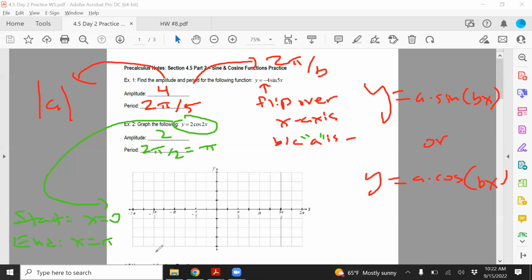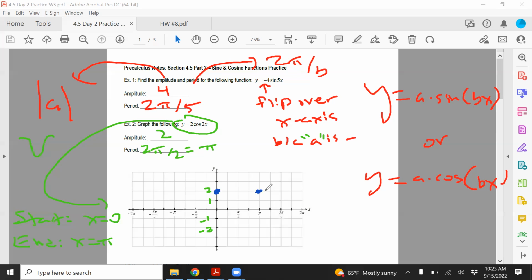So we're going to start at 0, end at pi. And because it's cosine, cosine generally looks like this, right? X equals pi means that's where I'm going to end the graph. So I'm going to start it at 2 for y, right here, and end it right here.